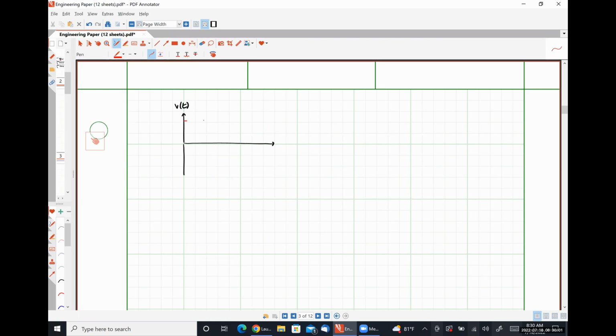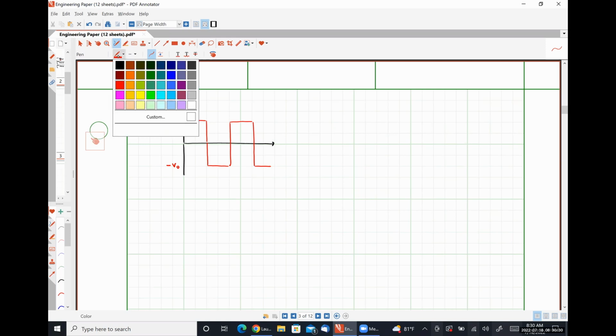My voltage has a value of V naught for some duration of time, and then it drops down to negative V naught, and it stays at minus V naught for the same amount of time that it was positive, and then it just swaps back and forth like so.